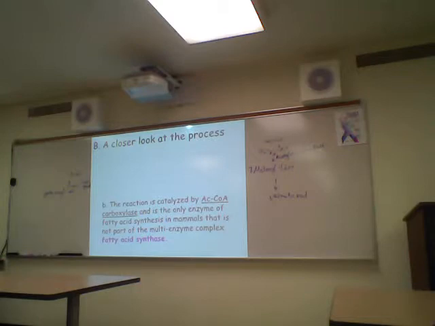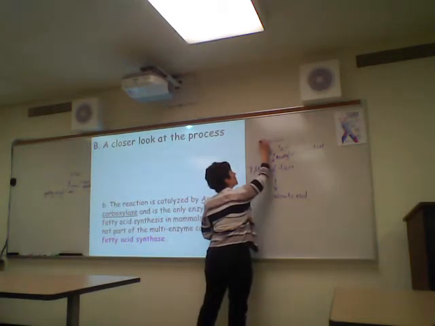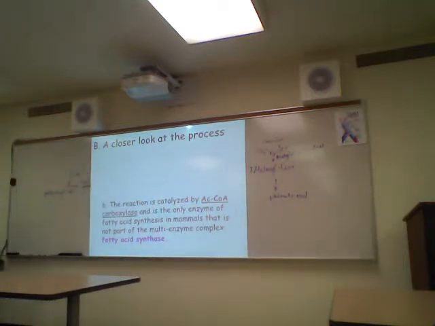So each of these malonyl-CoAs is going to come from an acetyl-CoA. So we need to make a bunch of malonyl-CoA to go through fatty acid synthase. But each of those malonyl-CoAs comes from an acetyl-CoA. And adding a carboxyl or CO2 onto it is what the acetyl-CoA carboxylase enzyme does.